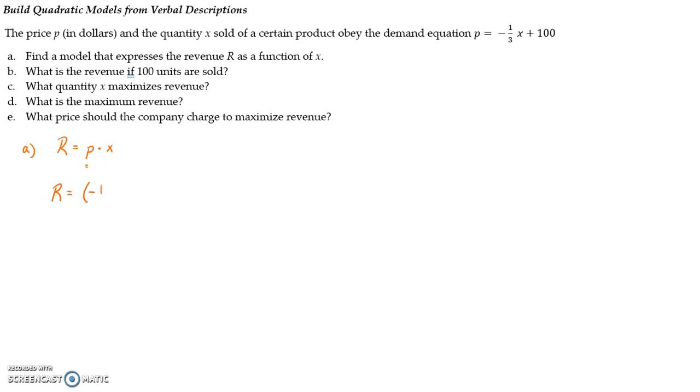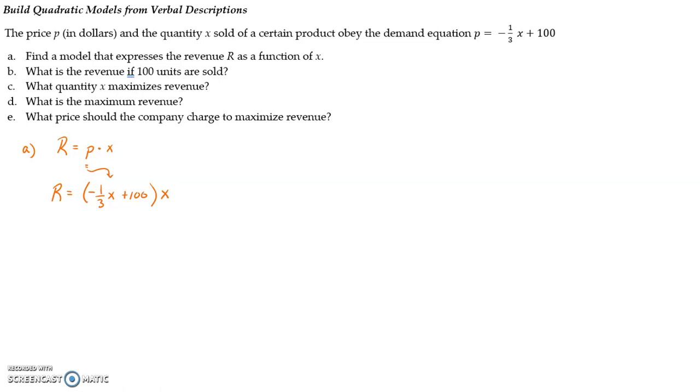So we've got negative 1/3 X plus 100. Keep in mind we subbed in, and we're going to multiply this by X. Now this actually could be an answer for part A. We now have an equation where X is our only variable in that revenue function, so you could leave it like that, or we could multiply this out.